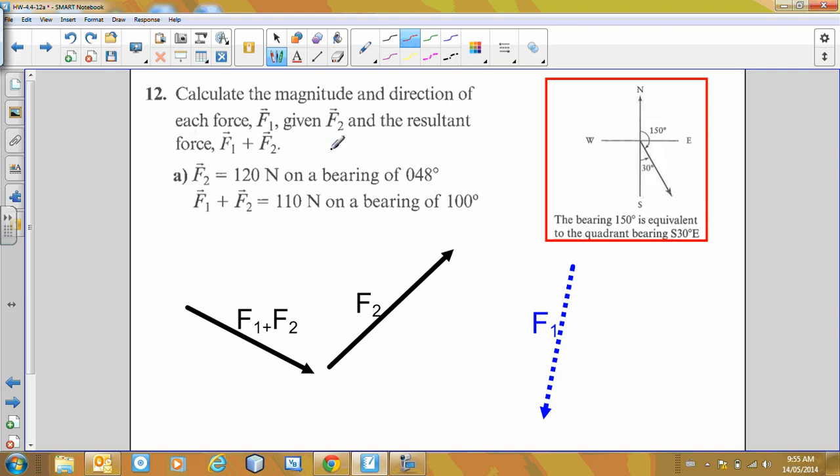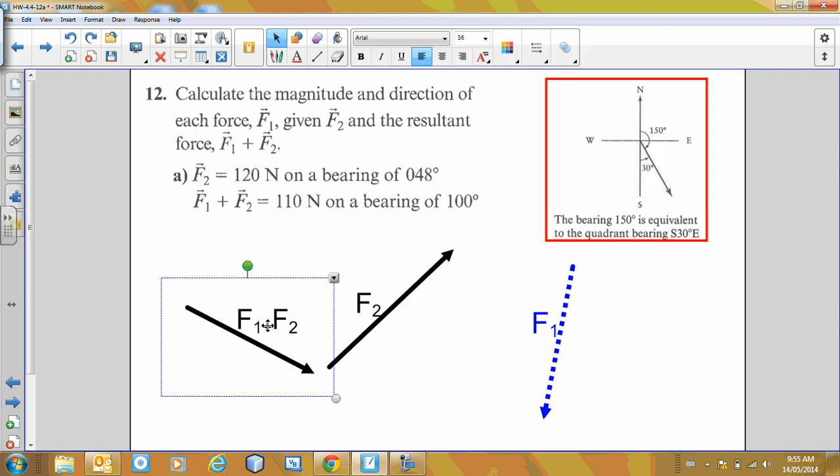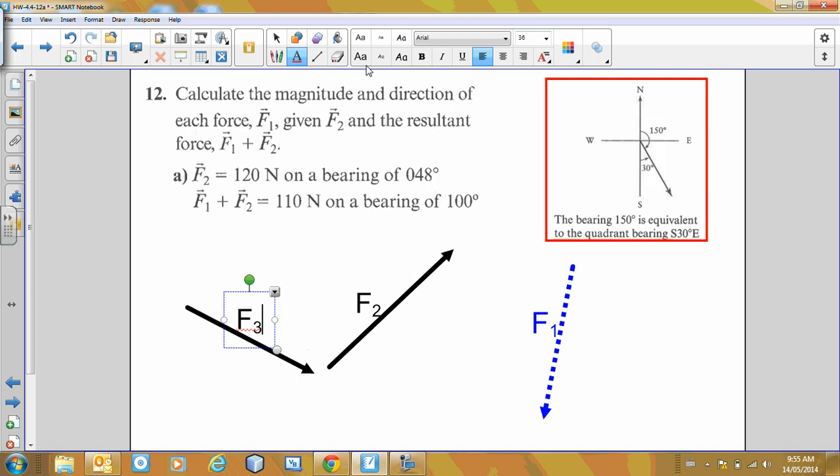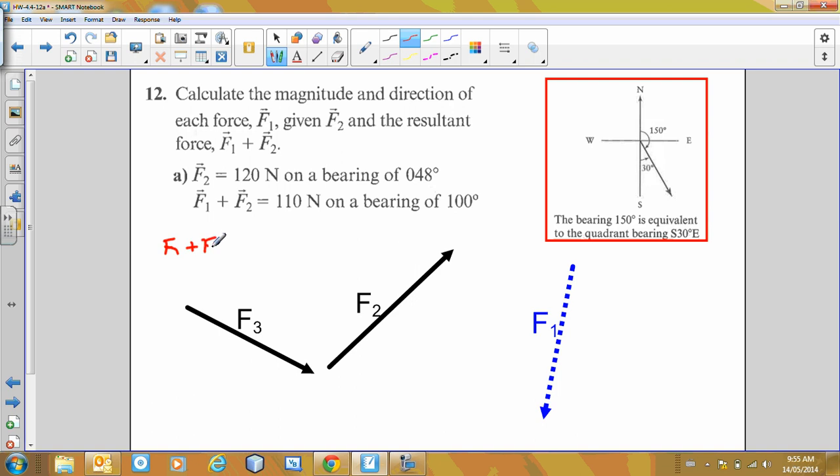So for our purposes, maybe I'll call this F3 instead. And if we know that F1 plus F2 equals F3, then of course it's safe to say that F3 minus F2 would equal F1.